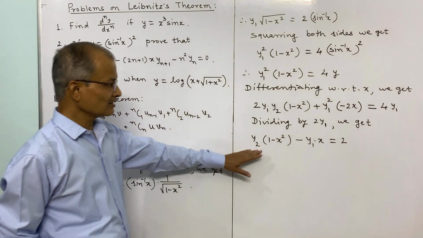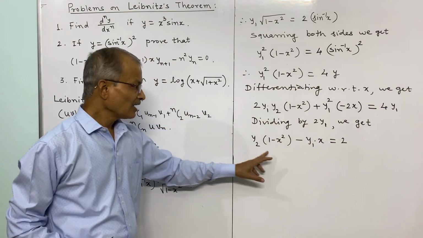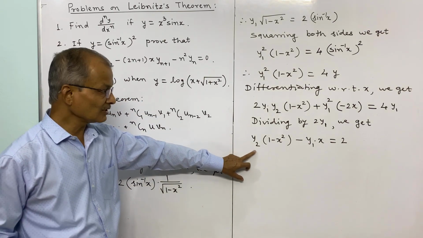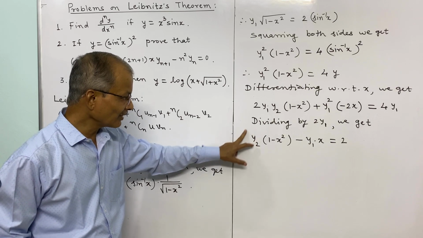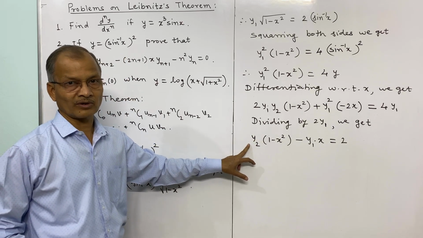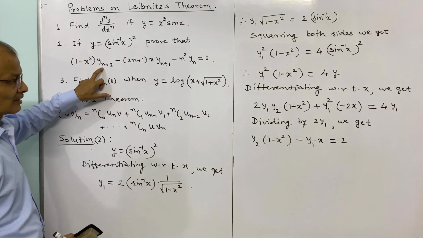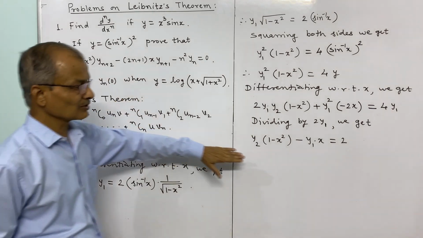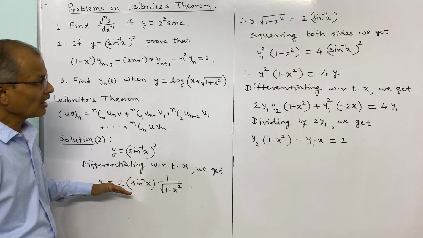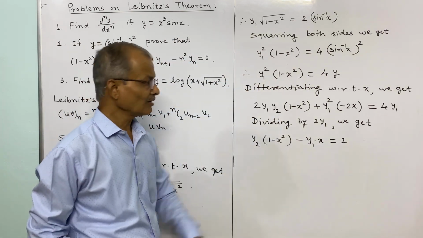Now you see, this is the relation in terms of the second derivative of y and the first derivative of y. Now we differentiate this n times using the Leibniz theorem. If you differentiate this n times, the nth derivative of y2 will be the n plus second derivative of y in the result. So therefore now we use the Leibniz theorem. So these are the steps: we have differentiated once, again we have differentiated once, and obtained the result in terms of y2 and y1.